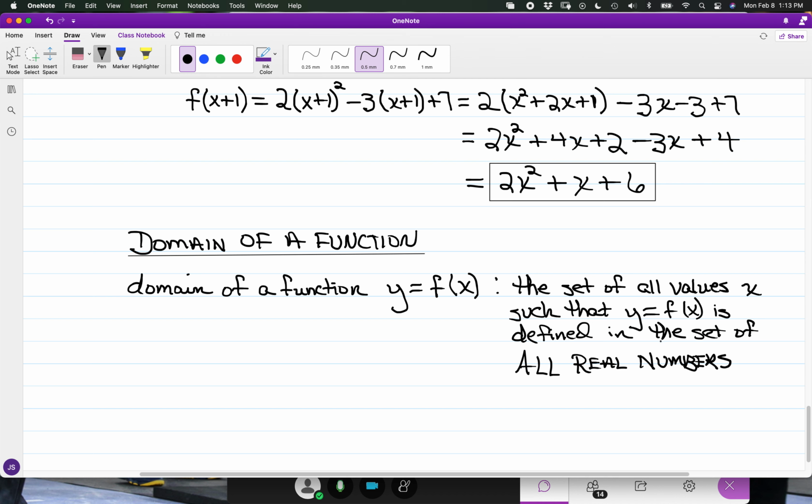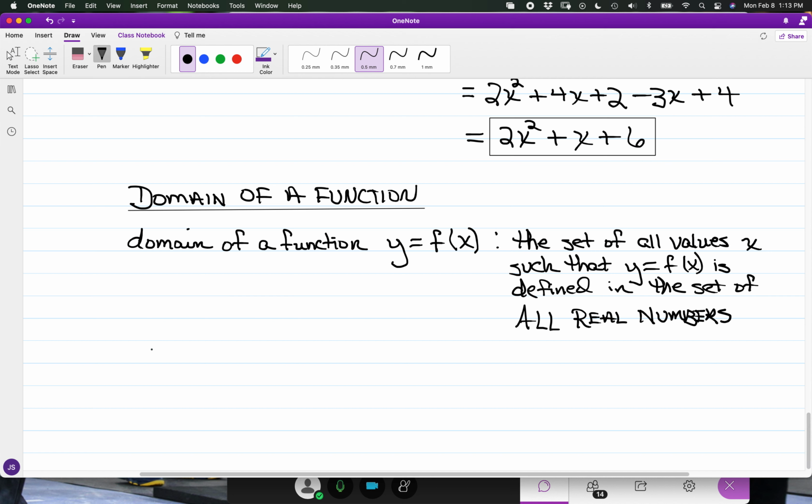Well, in the case of domain, your values of x serve the purpose of keeping the function defined in the set of all real numbers. And just to give you a visual, let's say you're looking at determining the domain, expressing the results in interval notation.